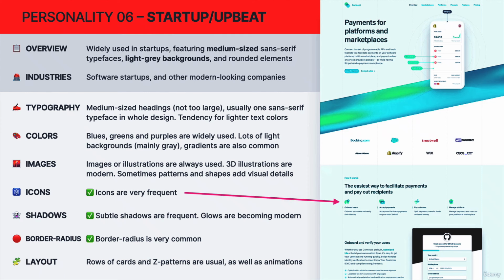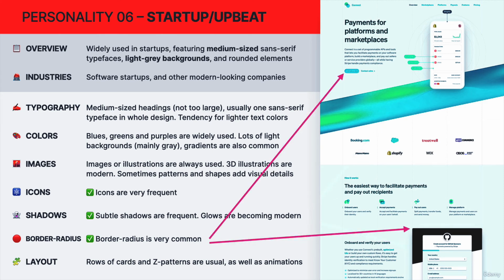Also, icons and shadows and border radius are all used very commonly. So these designs are again getting more round as all the other previous designs that we talked about, and shadow is also more used than before.